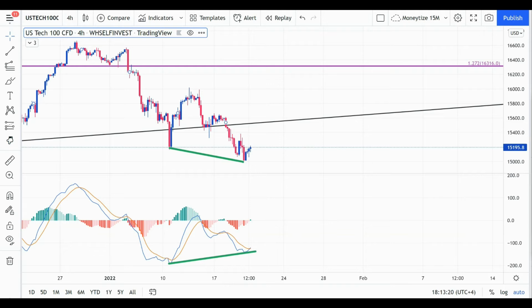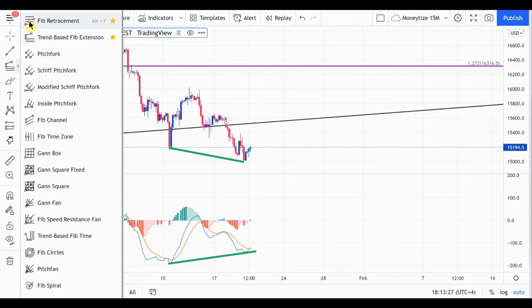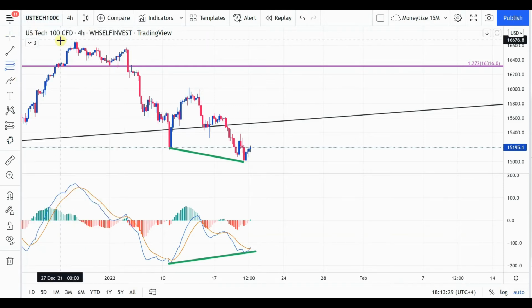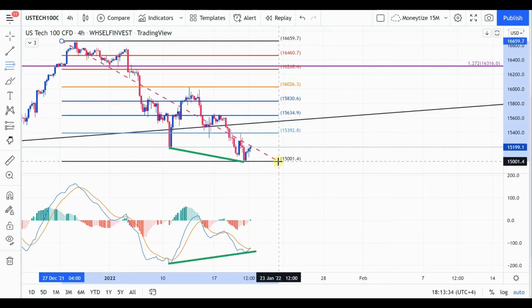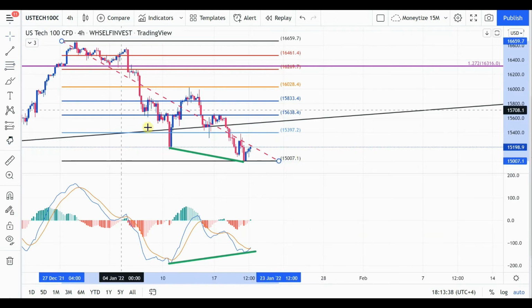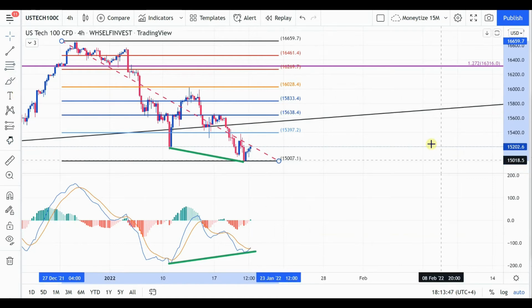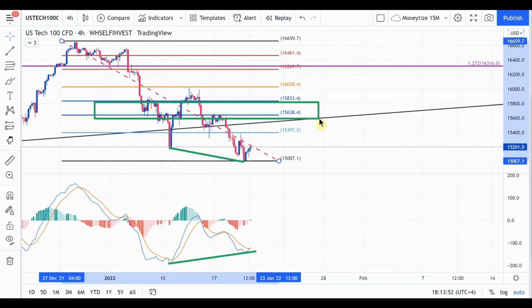So what we can expect, from the top to the latest low, it has completed one cycle, and we can expect the price to rebound till the 38 to 50% level. So the important area is this one.